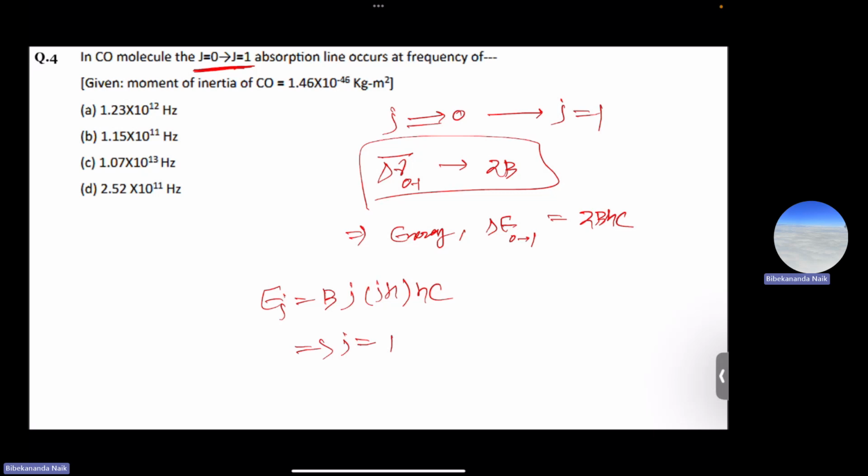J1 is 1 into 2, and J0 is 0, so it will be 2bhc minus 0, which is 2bhc. And we know B is h by 8 pi square I c.